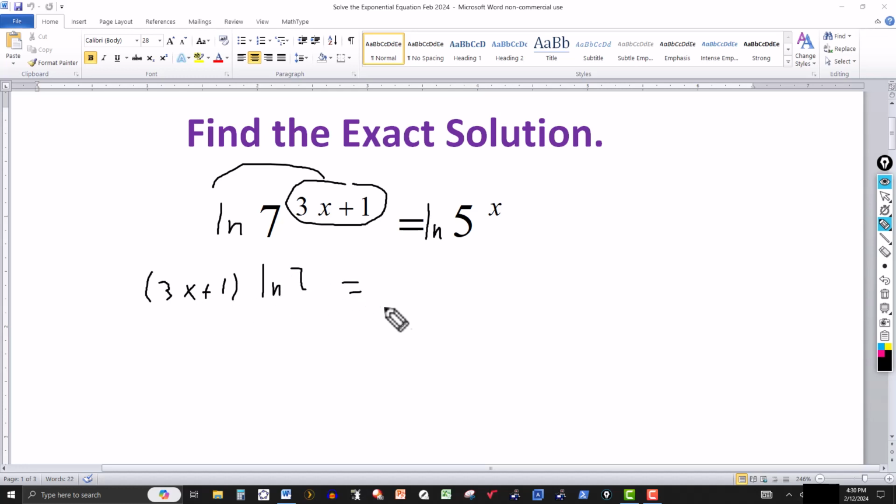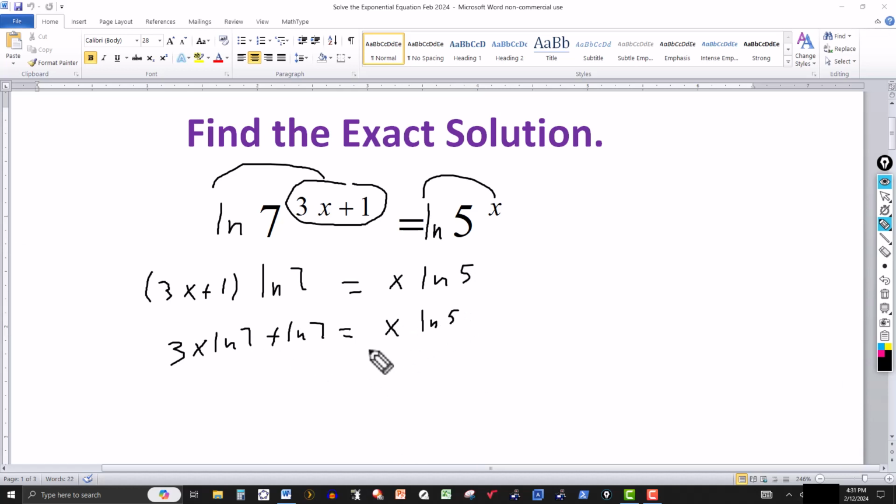And the right side, same thing: the properties of logs allow me to take this exponent and make it into a coefficient, so this will be x ln of 5. On the left side, we just multiply through by ln of 7. This gives me 3x ln of 7, then 1 times that is just plus ln of 7. That's equal to x ln of 5 on the right side.